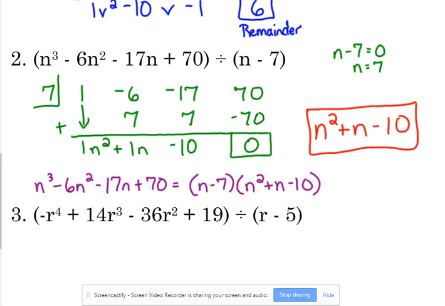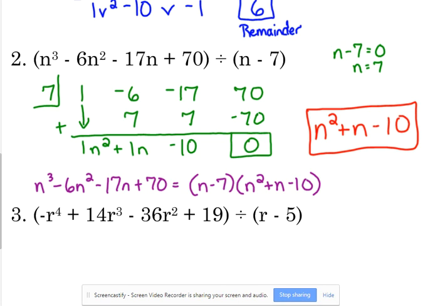If I were to graph this polynomial right here, guess where one of the x-intercepts would be? 7. When I plug 7 into that polynomial, the answer is going to be 0. So there's lots of good stuff that you learn from polynomial division when the remainder is 0. You learn stuff about the graph, you learn stuff about the solutions.